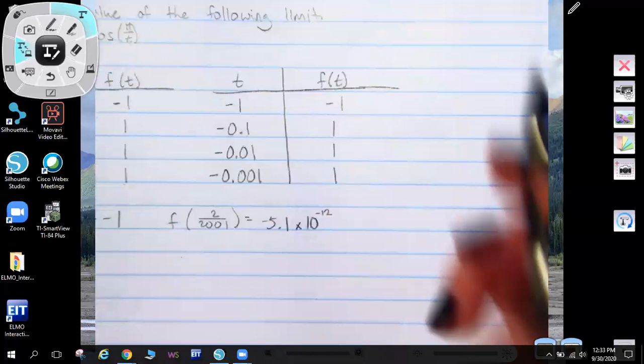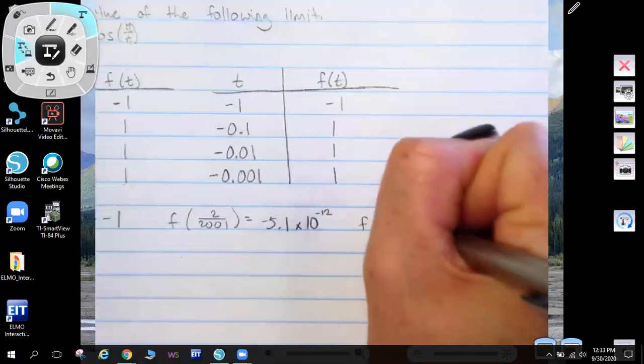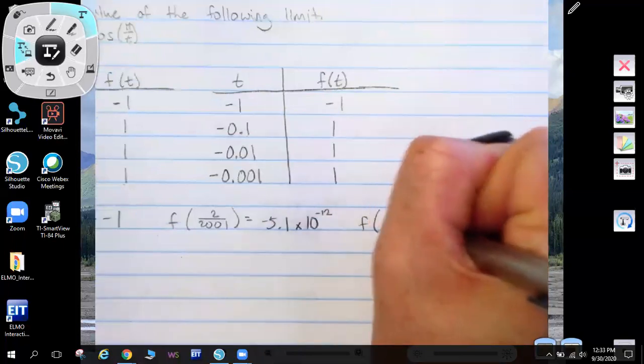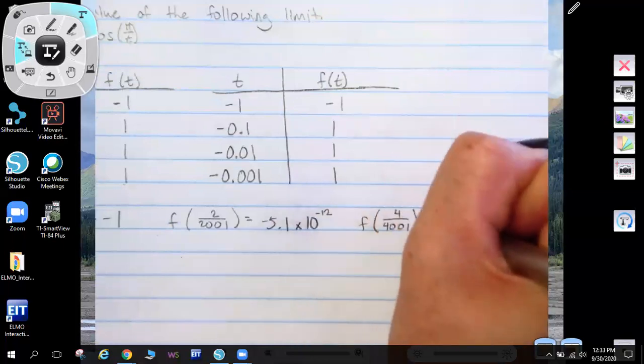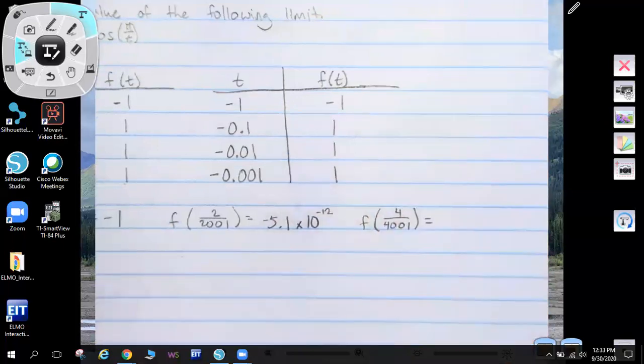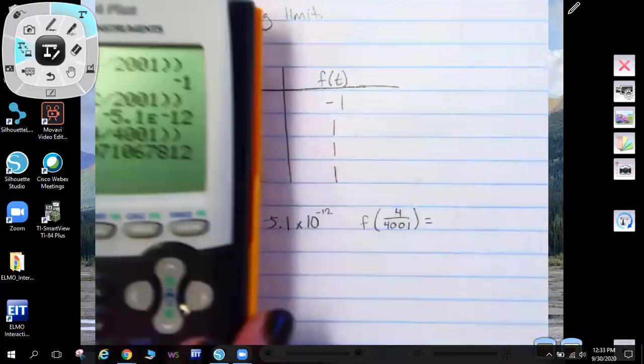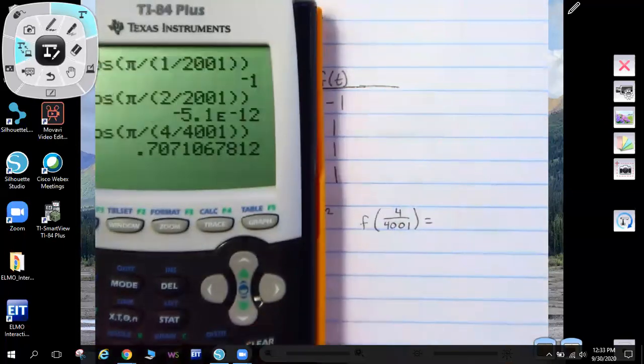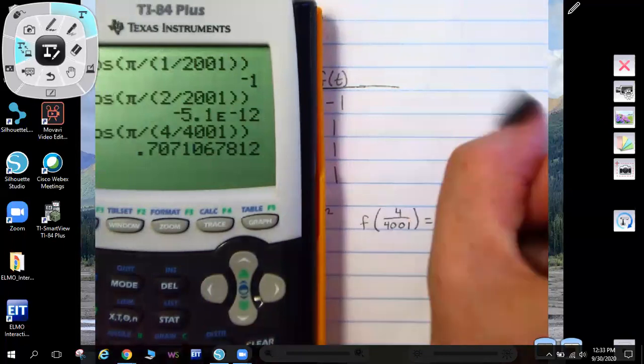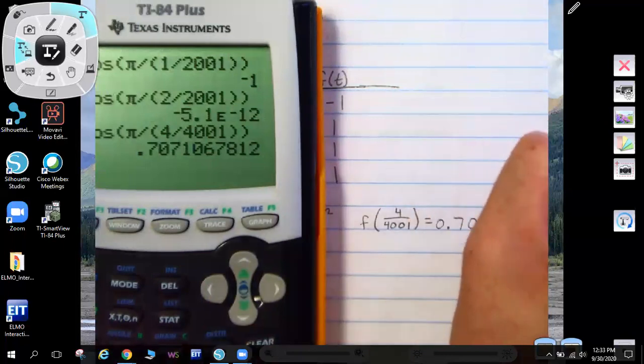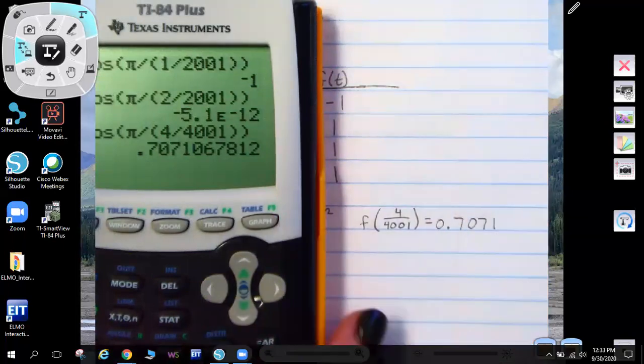Okay, if we were to do one more, let's just try 4 over 4001, just for fun. Random, kind of close to 1 decimal, 0.7071, and so on.